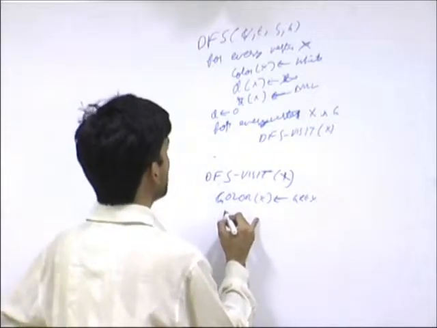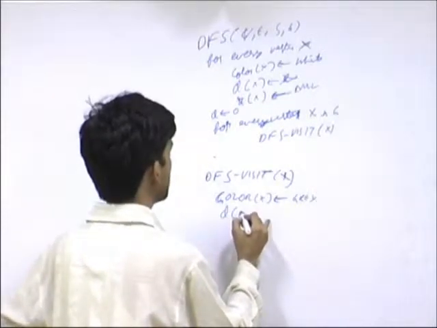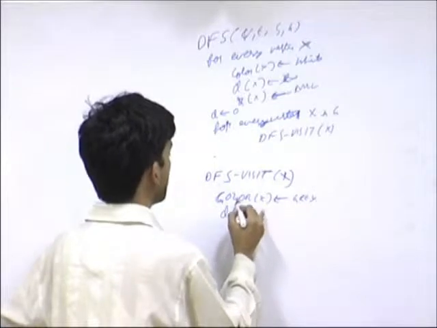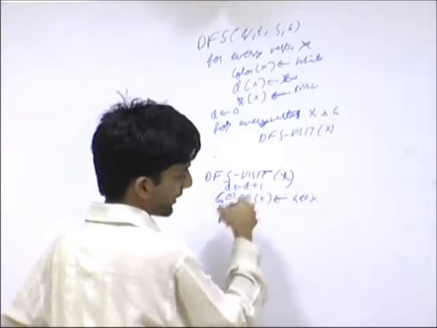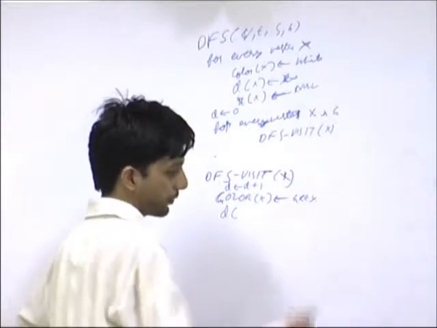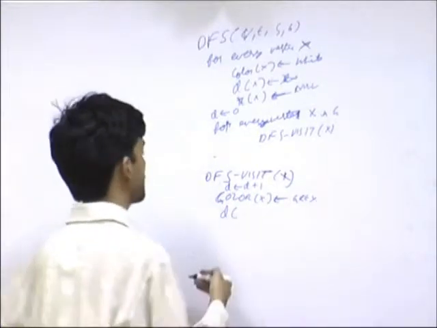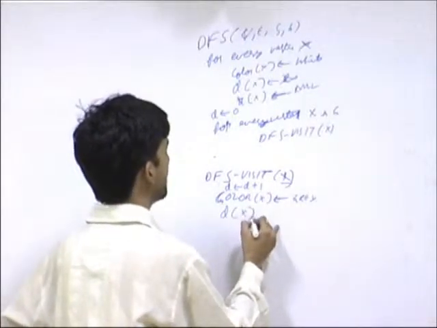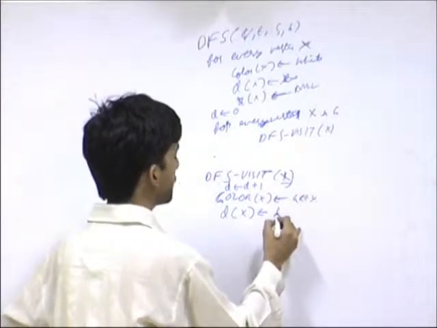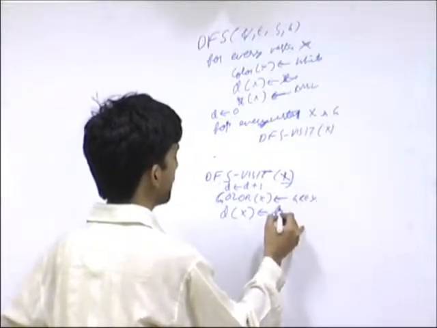The time was updated, so time will get increased. Every time I visit something, I will increase it because I am trying to record the timestamp when this node is being processed. So right now this node is being processed, so I record the timestamp over here, that is D.